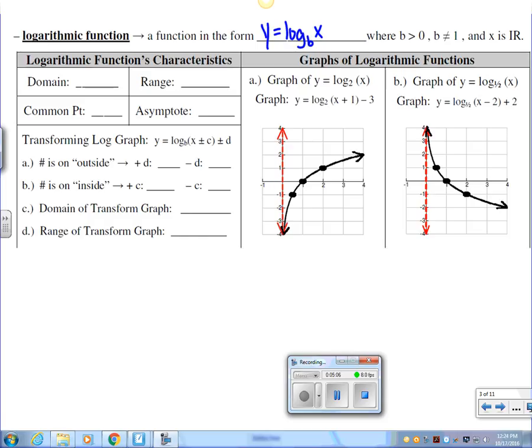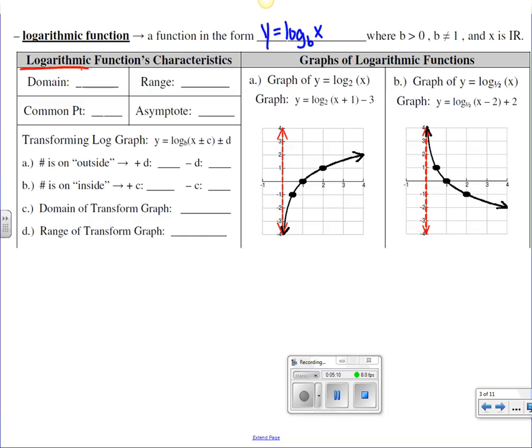So you'll notice that these are switched right here. The domain of a log is 0 to infinity, and its range is negative infinity to infinity. So those are opposite of the exponential. The common point is 1, 0 instead of being 0, 1. And this one has a vertical asymptote at x equals 0 instead of y equals 0.